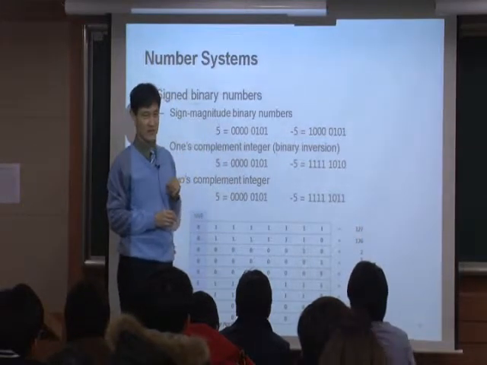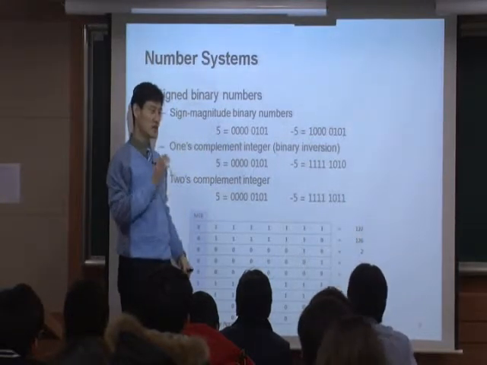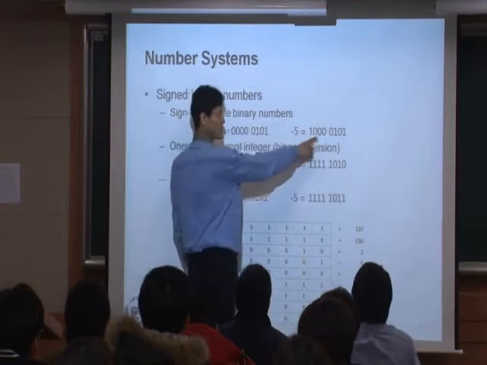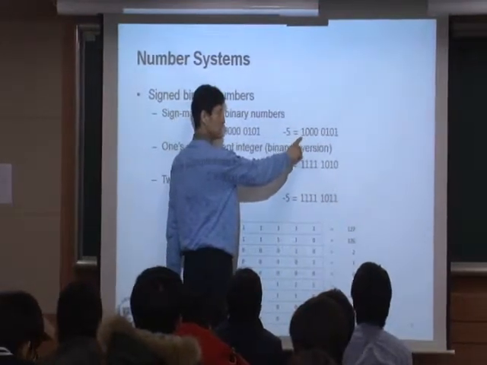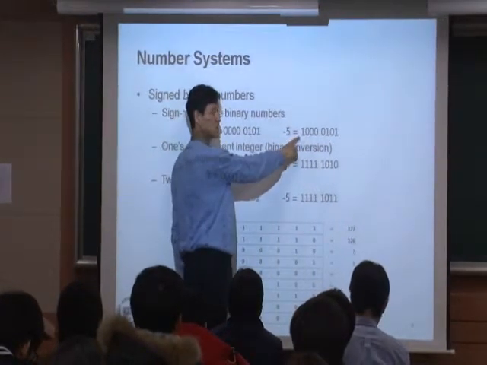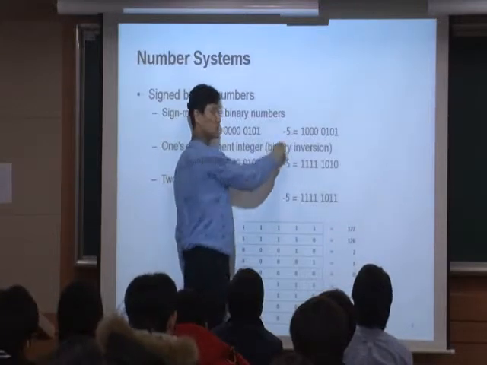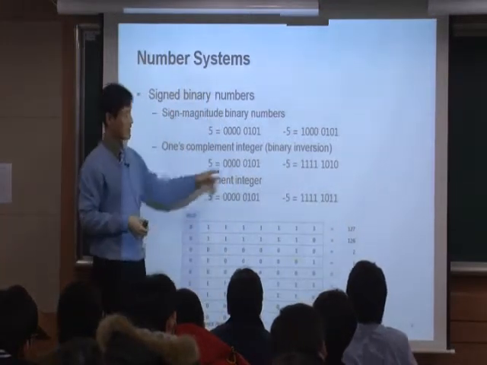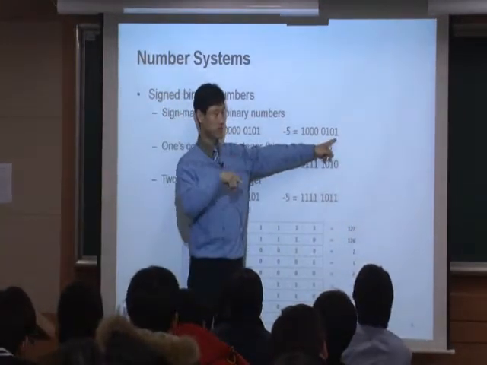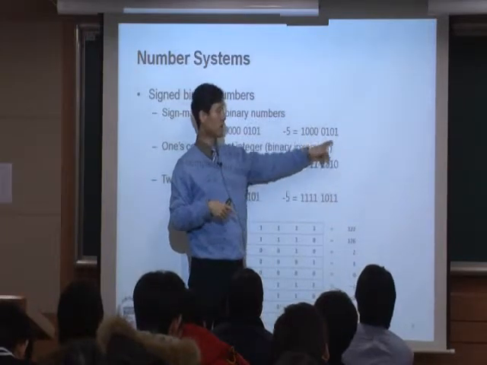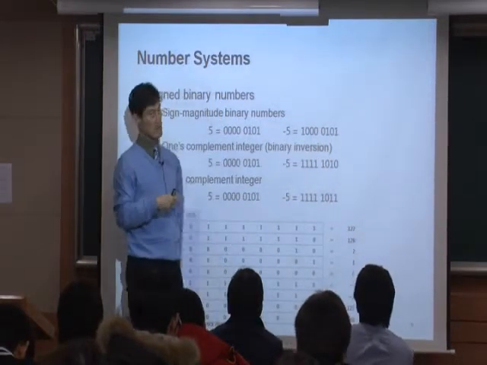It doesn't know anything. The microprocessor only knows that this one is called the MSB, the most significant bit. The first bit is the most significant bit, and the last bit is the least significant bit. MSB, LSB. Okay?